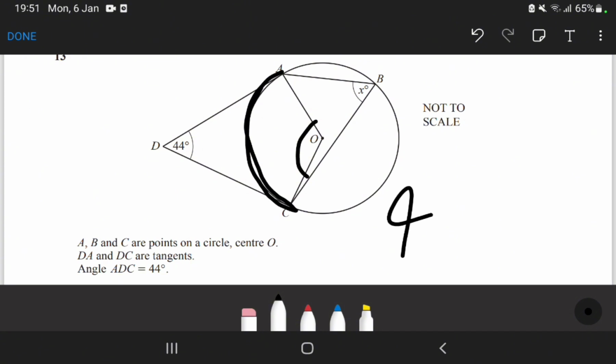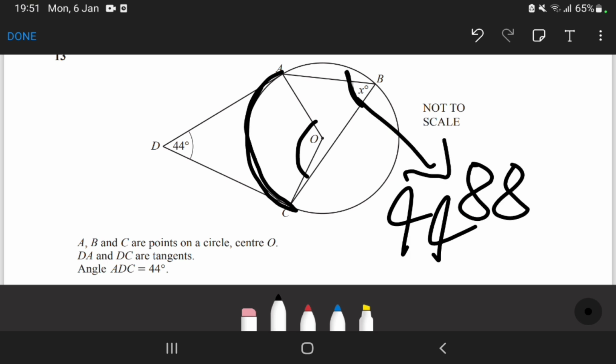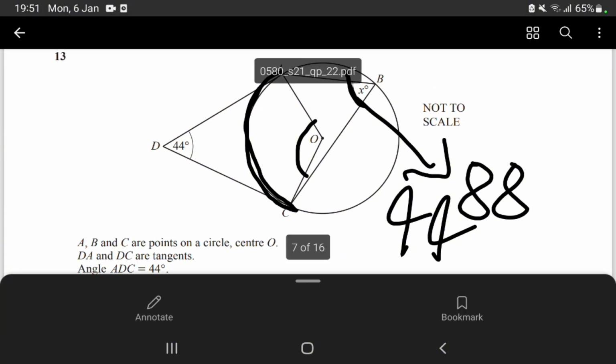And that is 44. Since this angle x is intercepting the same arc, it's going to be double. So x is going to be equal to 88. Okay, now this is done. Next thing we're going to do is the May June 2020 paper 2, question 20.